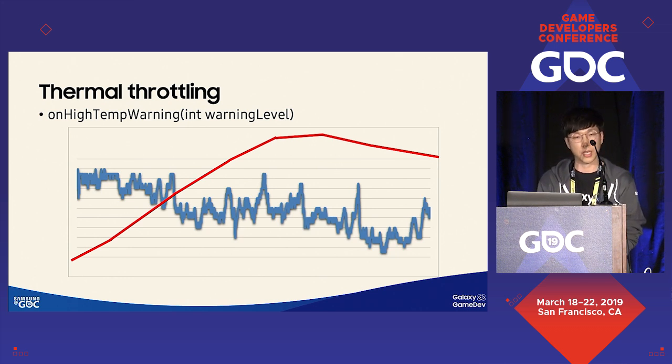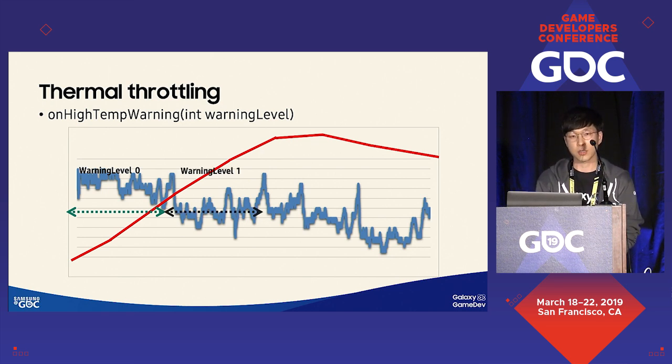The on high temp warning API is a listener function. So with this API, you can detect thermal throttling timing through the warning level value. Warning level 0 means the device temperature is low.